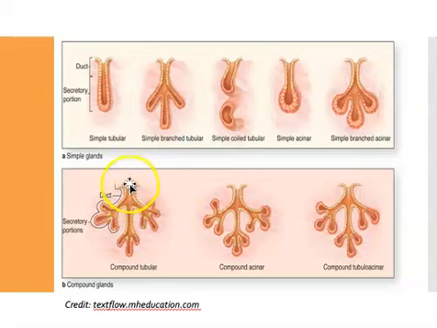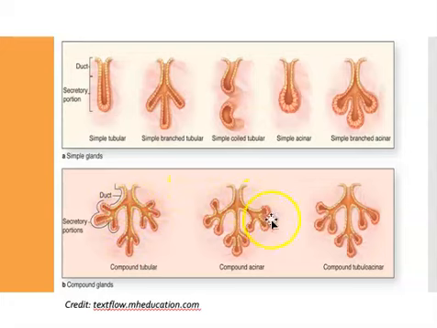Can you see that? Here's the main part of the duct, and then we've got 1, 2, 3 branches coming off. You can tell that you're not to the acinus yet, because when you get down to the acinus, that is also branched out. Now this is a tubular type because the diameter in the acinus and the diameter in the ducts is the same.